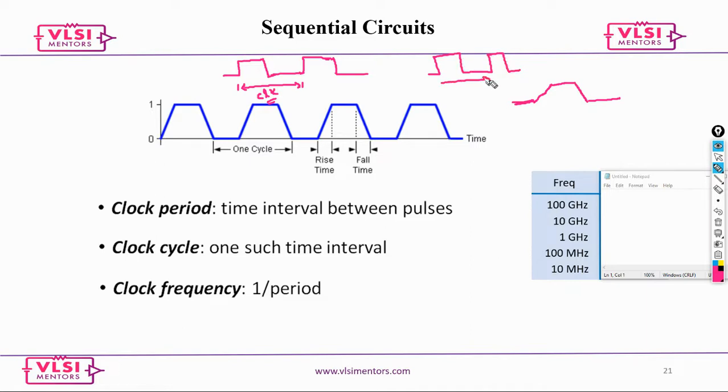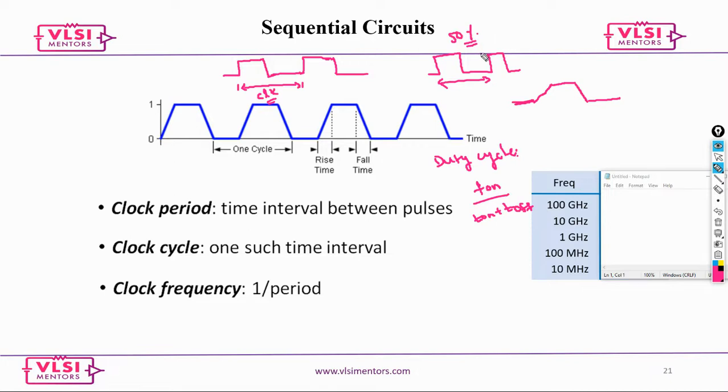In this scenario, your duty cycle, do you guys remember something called duty cycle? It is T on by T on plus T off. So this particular clock is a 50% duty cycle clock.